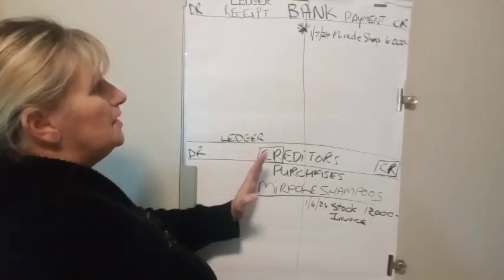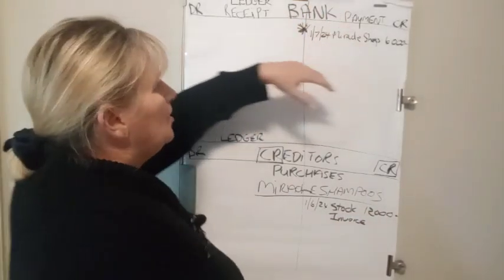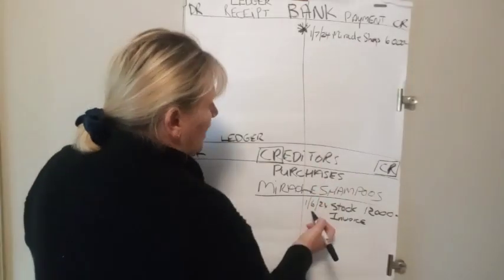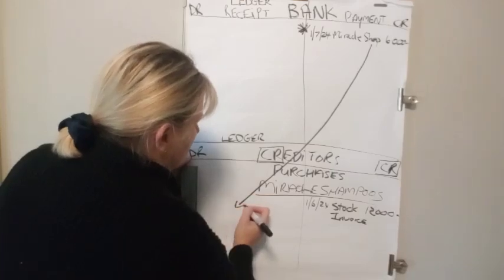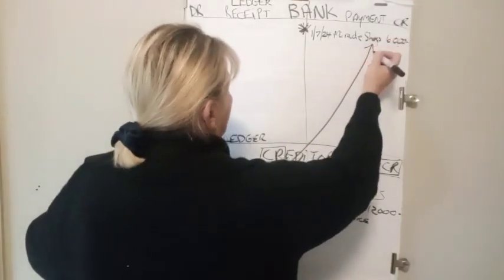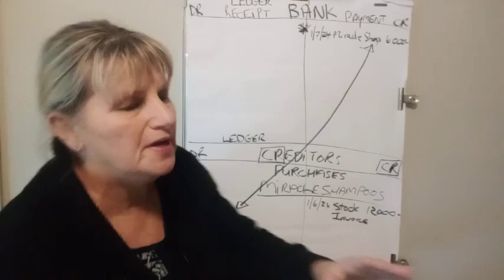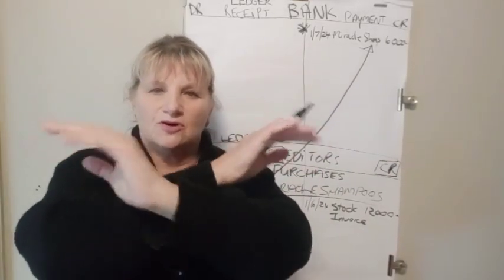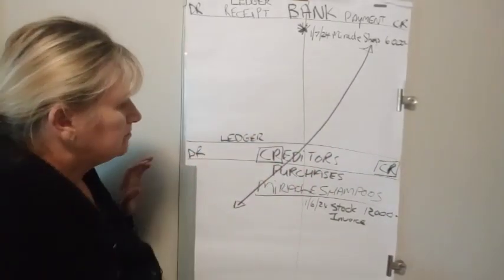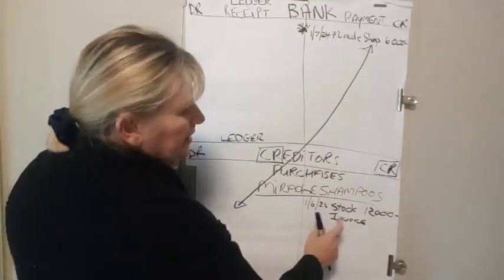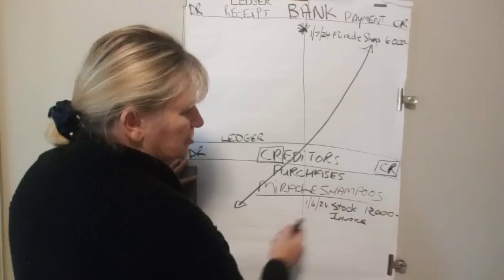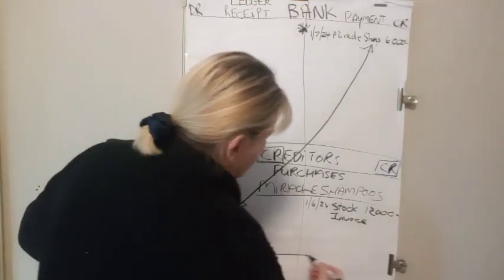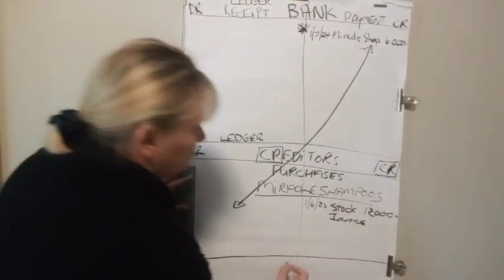Now can you see how important the bank is? Because we paid them a month later, we paid them 6,000 Rand, and there must be a crossover. Do you understand folding your legs and crossing your legs over? There will always be a crossover transaction. Even this transaction, when you bought the stock, because it's a stock item, you would have another account, and that account would be purchases.